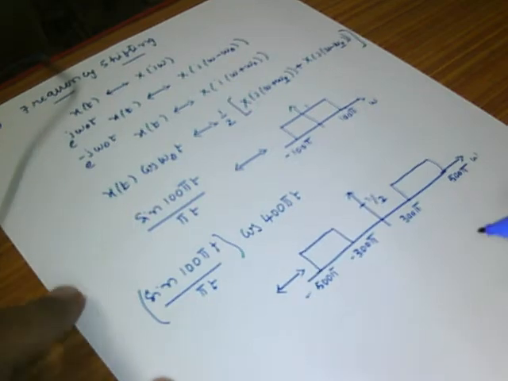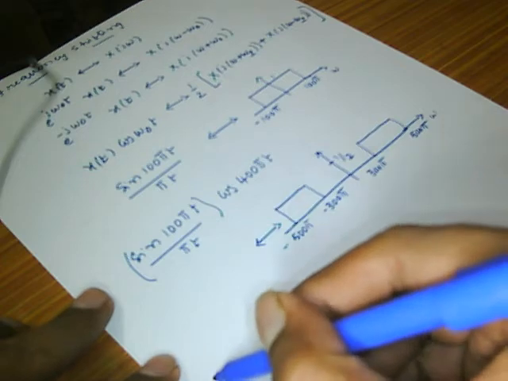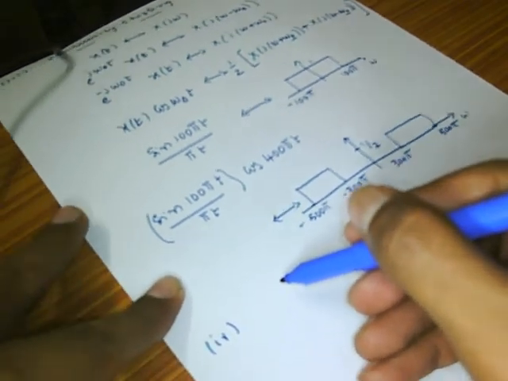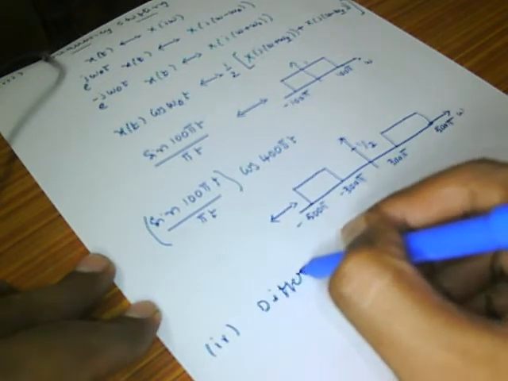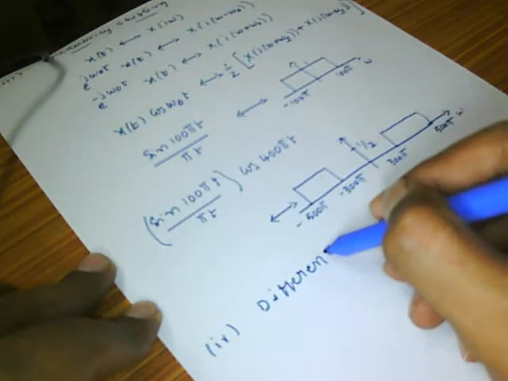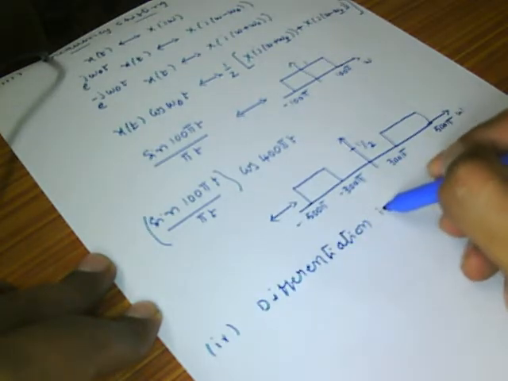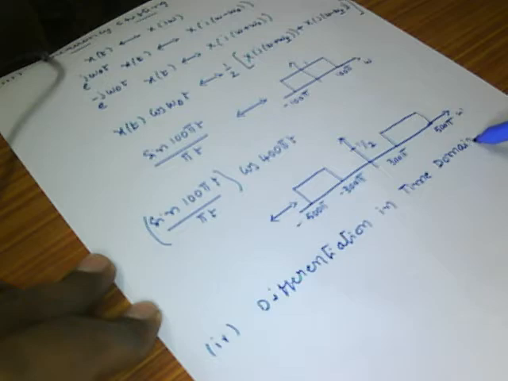So next we move on to the next important property, called the differentiation in time domain property. So what does it say?